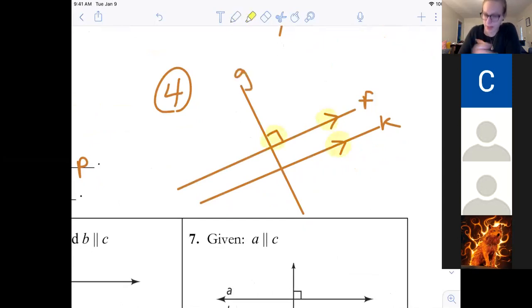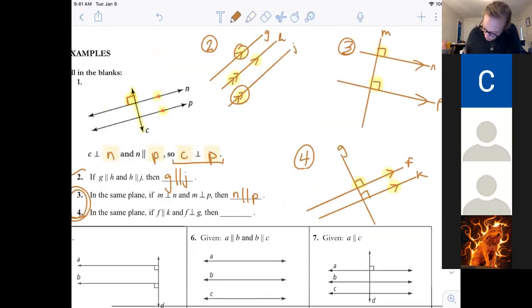Those are the two things I know. What's the third thing I get to know? G and K are perpendicular. Very good.